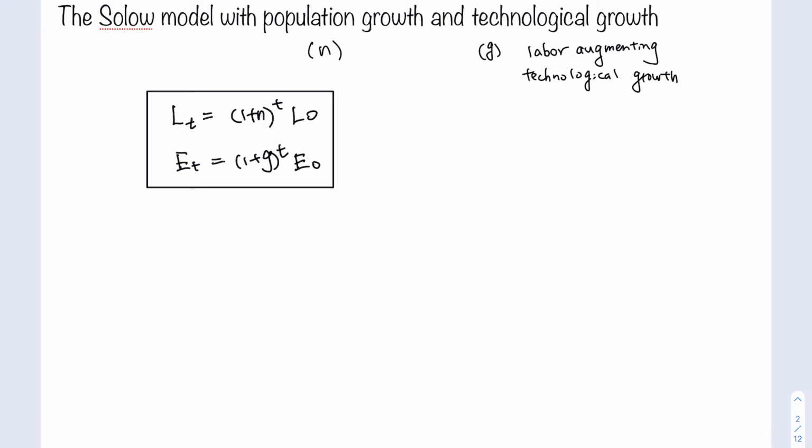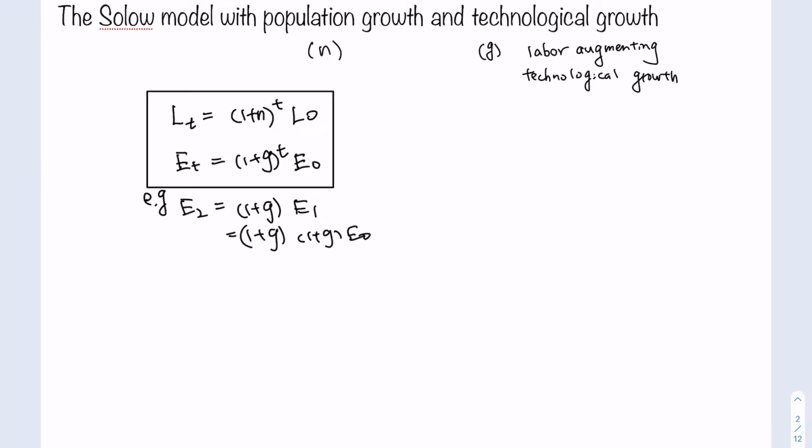Here, let me illustrate to make sure you understand what this equation means. For example, if the technological level at period 0 is E naught, given that the technological growth rate is g, then E1 equals (1 plus g) multiplied by E naught. What should be the technological level at the second period? It turns out to be (1 plus g) multiplied by E1, so it equals (1 plus g) multiplied by (1 plus g) multiplied by E naught, because E1 equals (1 plus g) multiplied by E naught.